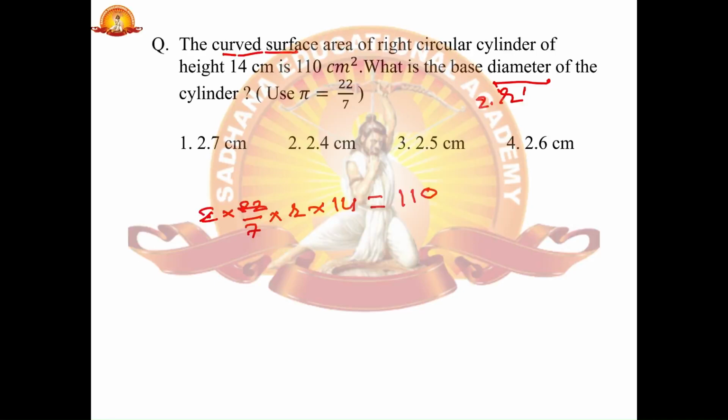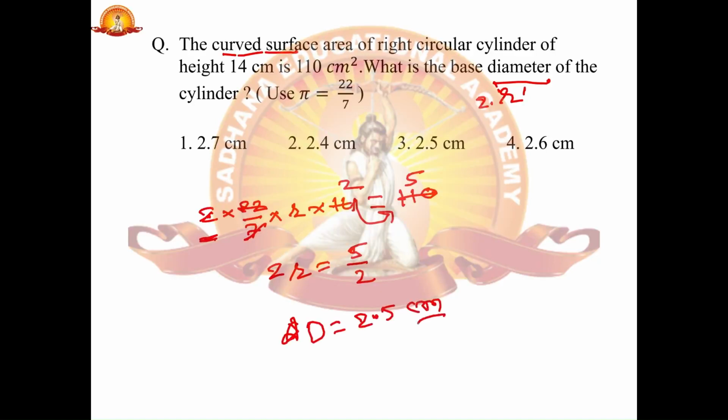So I am cancelling 22 table right side 5 times. 7 table 2 times. Therefore, 2r is equal, 1 2 is brought right side, 1 2 kept on left side. Therefore, 5 by 2. 2r is known as diameter. Diameter is equal to 5 by 2, which is equal 2.5 centimeter is the answer.